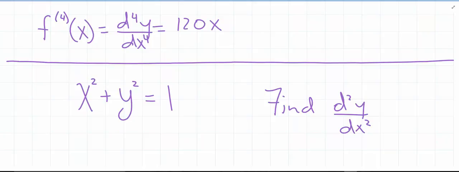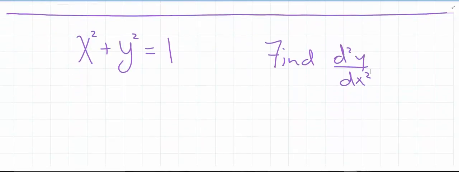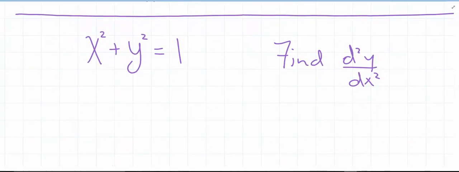So here's the way we approach it. The first derivative, same as always. We have already found the first derivative, so I'm going to skip that. And what we found was, remember, that y prime is equal to negative x over y. This is what we found earlier. There's no reason to reinvent the wheel.